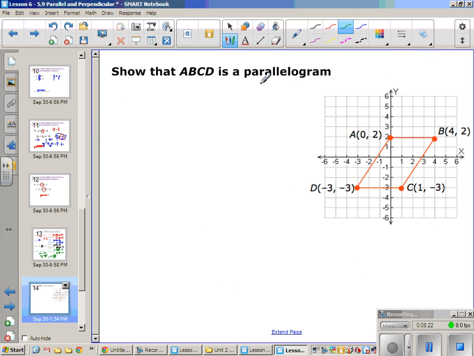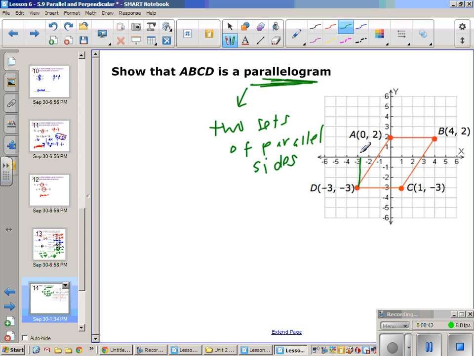All right, so this last one is kind of a word problem, kind of a scenario of what you're going to see in geometry. This shape is a quadrilateral because it has 4 sides, and we have something called a parallelogram, and all that means is it's 2 sets of parallel sides. So all I need to do is find the slope of each side.